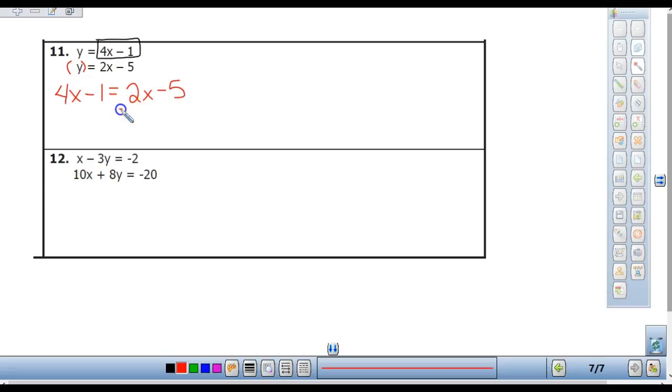So now I can go ahead and solve. I can subtract my 2x over there. I'm going to add my 1 over here. I get 2x equals negative 4. So x is negative 2. Plug them in.